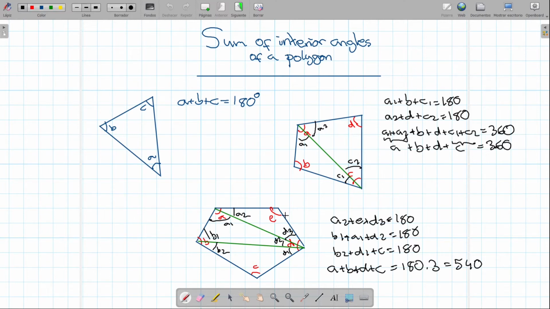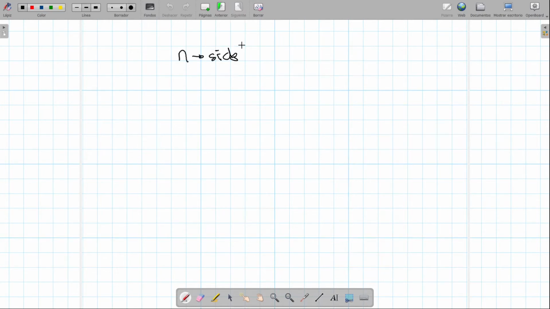With a 5-sided polygon, we could create 3 triangles. So that's 5 minus 2 is 3. So that extends, you can try it, to n minus 2 triangles times 180, the interior angles of each triangle.